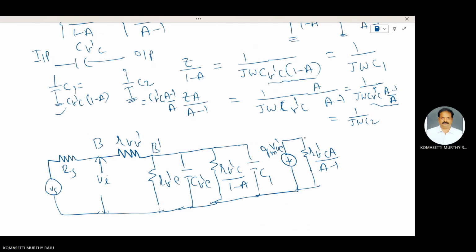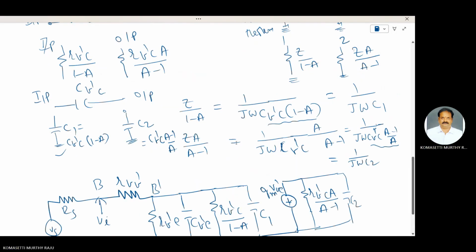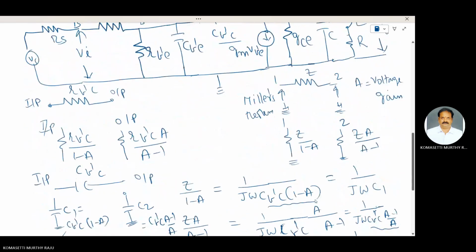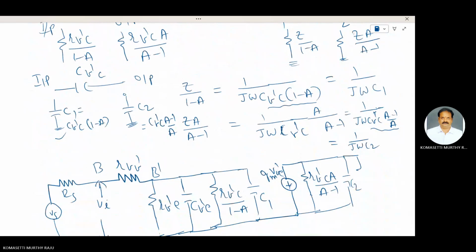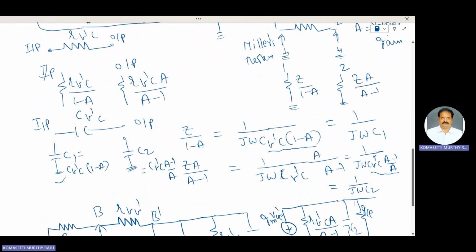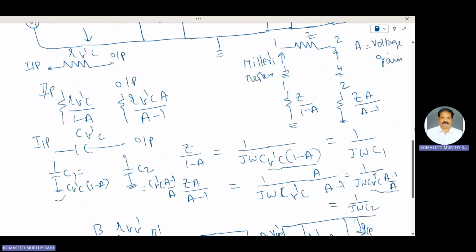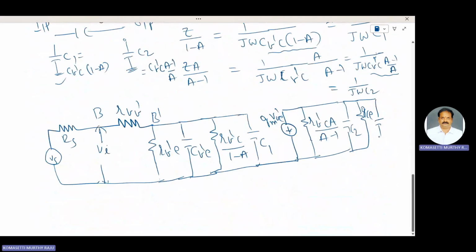Here is gce. And a CLR tuned circuit acts as a load for this circuit. This one is C, L, and R. The output is like that. This one is output V0.